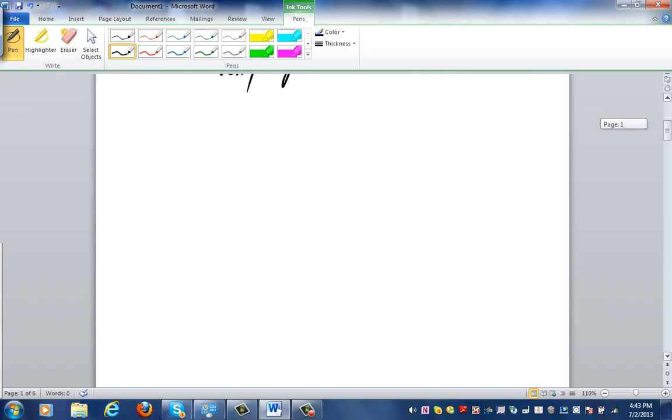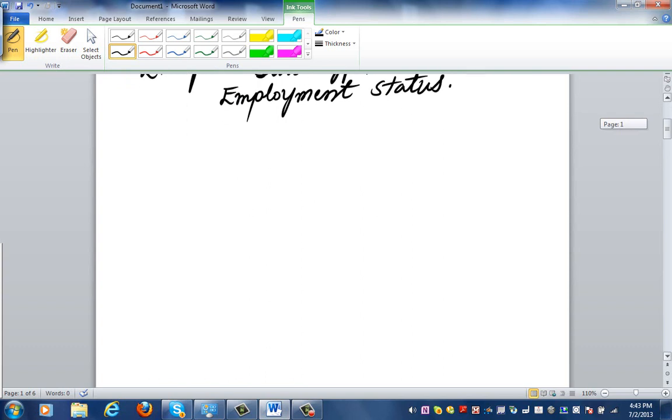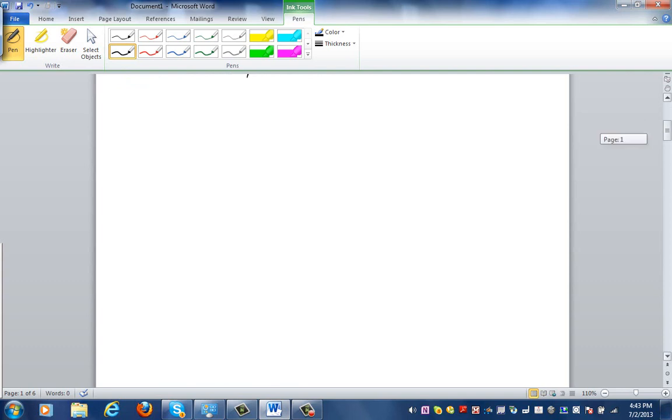Now the question is, how do we organize categorical data? Well, let me explain this with an example. Let's say we want to determine the percentage of people who are unemployed in Ada.